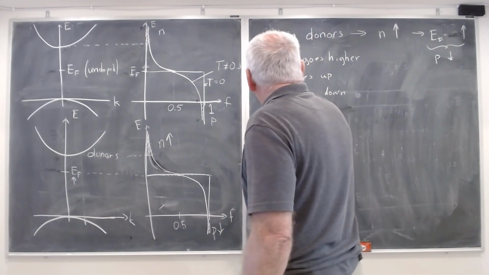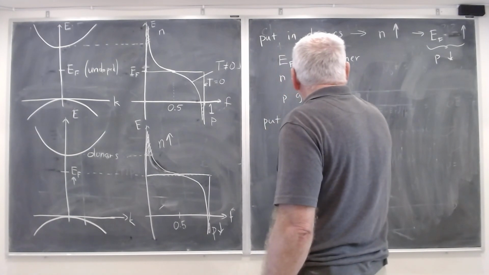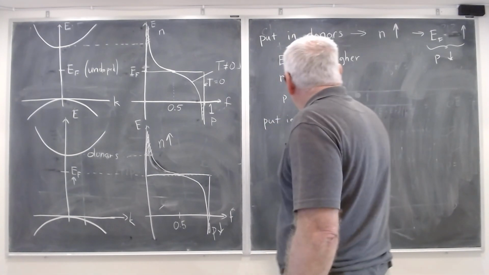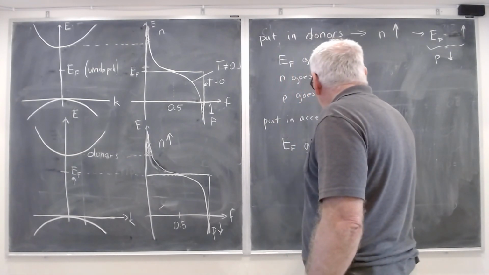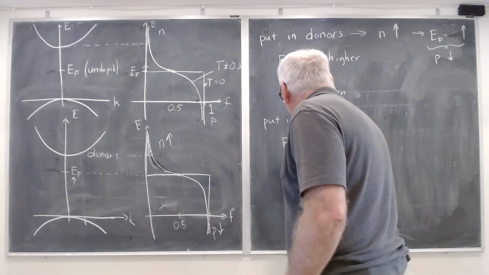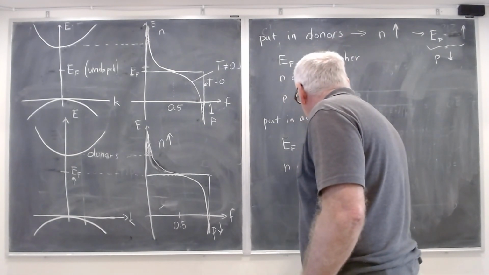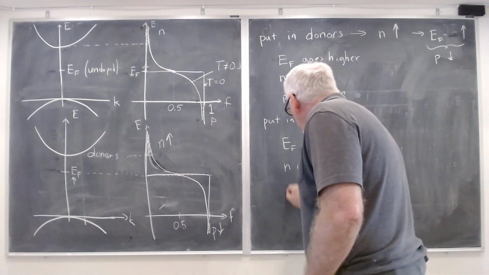If I put in acceptors, EF goes down, N goes down, and P goes up.